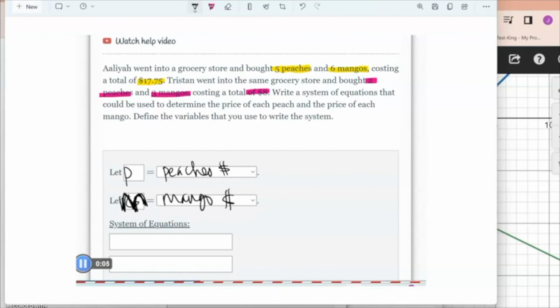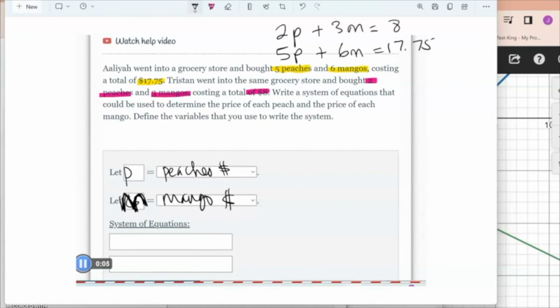You set it up just like you read it. So 5P plus 6M equals 17.75. Then the next one, 2 peaches: 2P plus 3 mangoes, 3M, equals $8.